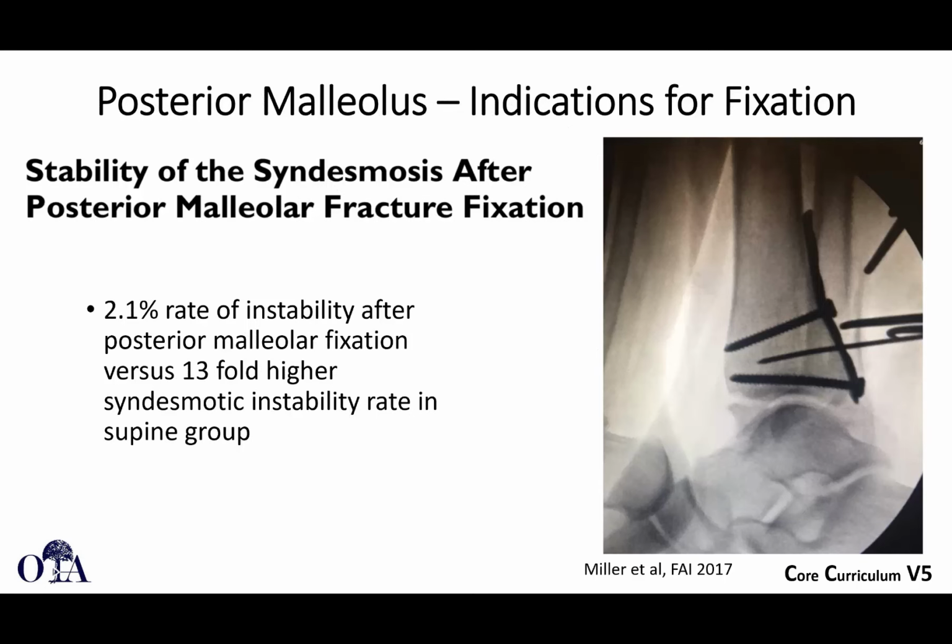And here you can see, direct posterior fixation of the posterior malleolus, and there's a 2.1% rate of instability after posterior malleolus fixation versus a 13-fold higher syndesmotic instability rate when treated with just syndesmotic repair in this study in 2017.